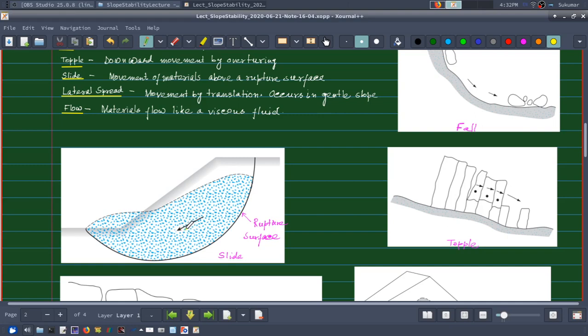Details of the slide movement will be different because the formation of the rupture surface is different in different slopes at different conditions. Okay, this is the most common type of slope failure usually we see.